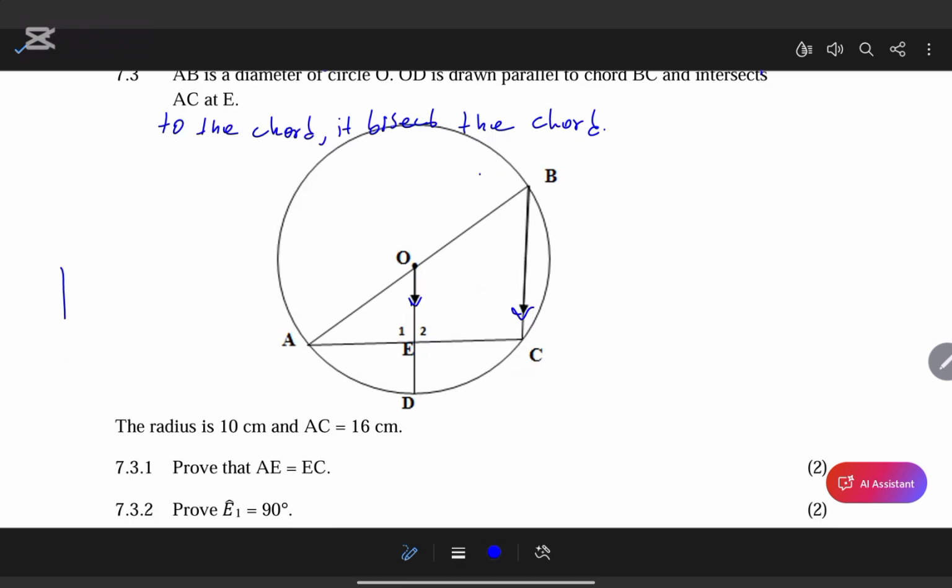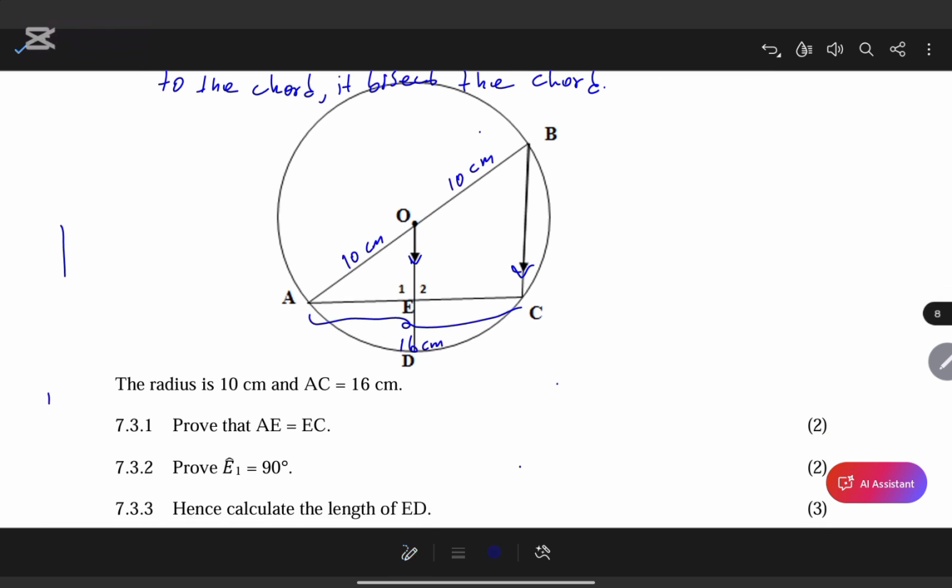The radius, the length of AO, is 10 centimeters. The length of OB is 10 centimeters. Therefore, the length of AC is 16 centimeters. All these lengths are given in centimeters.